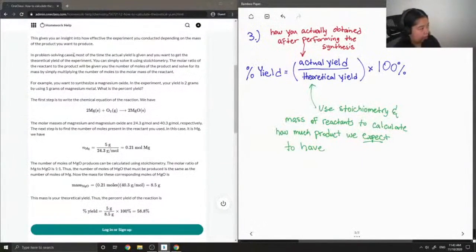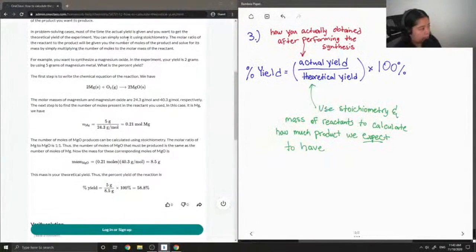In problem-solving cases, most of the time, the actual yield is given and you want to get the theoretical yield of the experiment. You can simply solve it using stoichiometry. The molar ratio of the reactants to the product will give you the number of moles of the product and solve for its mass by simply multiplying the number of moles to the molar mass of the reactant.